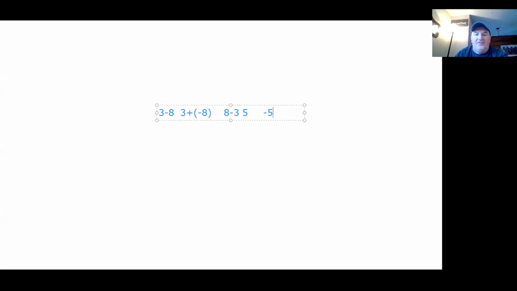All right. This is probably, in my opinion, the most important of the things that we're going to be doing here: subtracting negatives. So when they go like this, let's go 8 minus a negative 9.